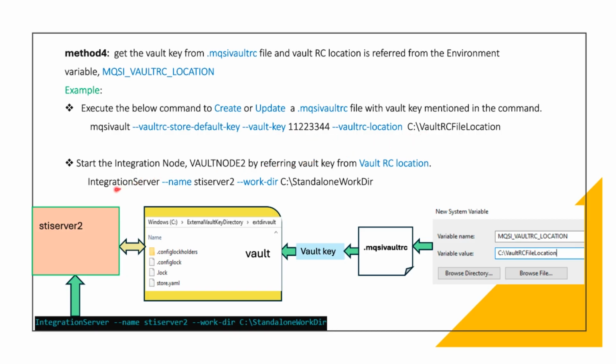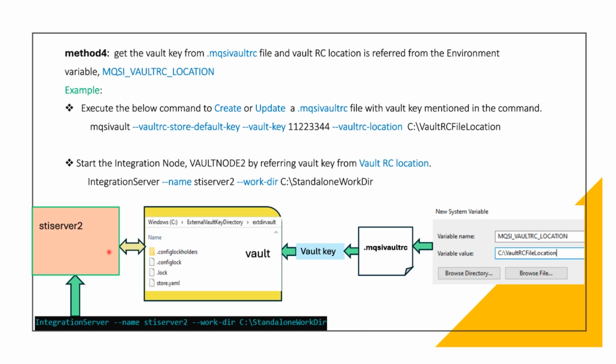Then we can use this command, integration server, provide the server name, then the work directory. It will fetch the value from the environment variable and get the vaultrc location. This contains the mqsivaultrc file, and it gets the vault key from this file. And if it's valid, it will unlock the vault and start the integration server.